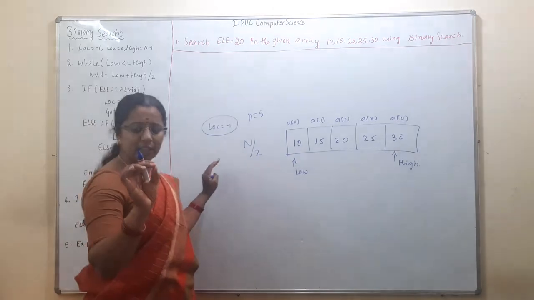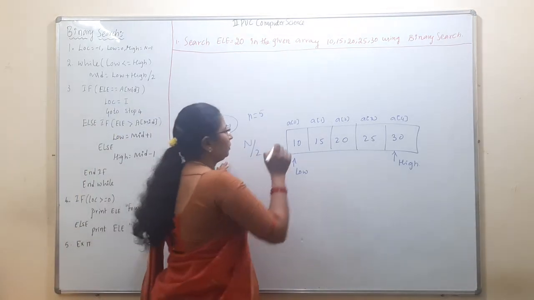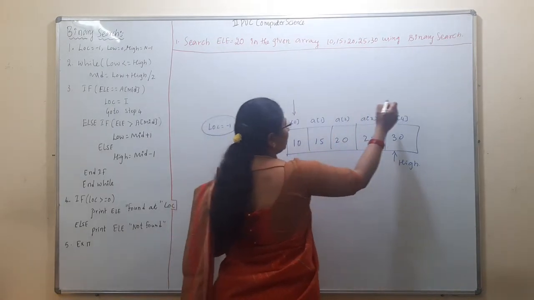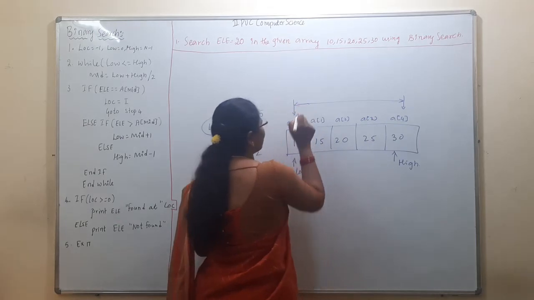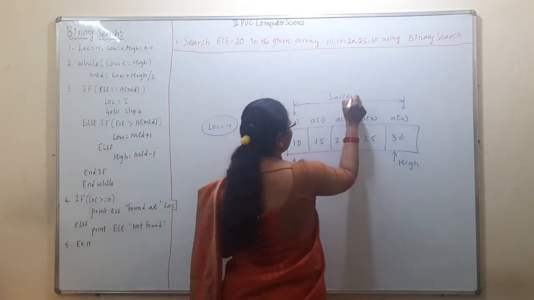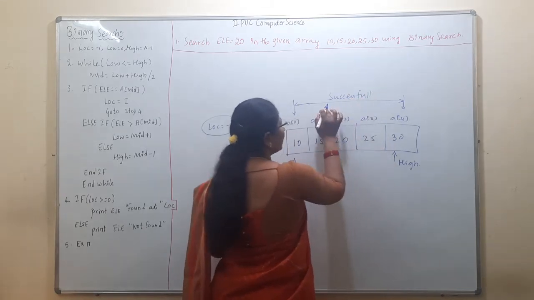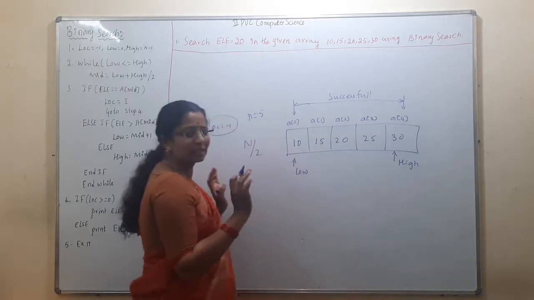If the element is present, it should be present between 0 to n-1. Then only the search is successful.